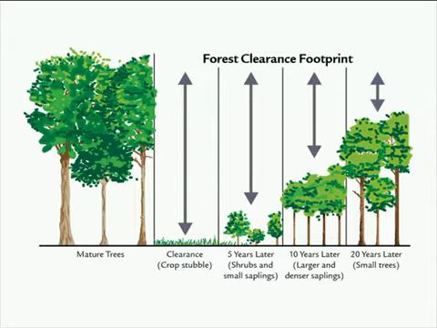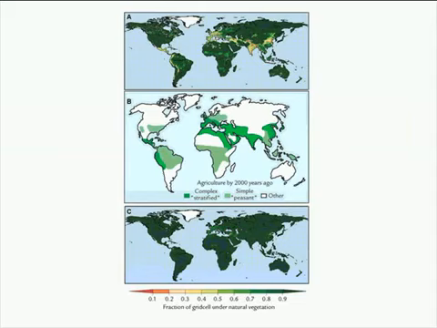The next slide shows a couple of maps. At the bottom, labeled C, is a map based on the assumption that people have always cleared the same small amount of land as they did in the year 1800 or 1850 or 1900. And if that's true, there really hasn't been much forest clearance at all.